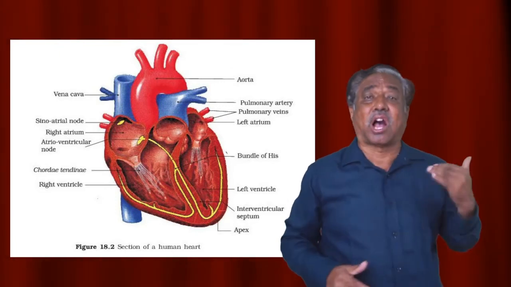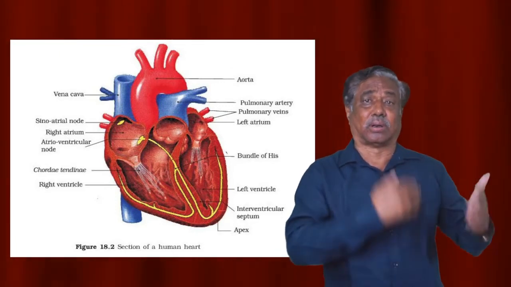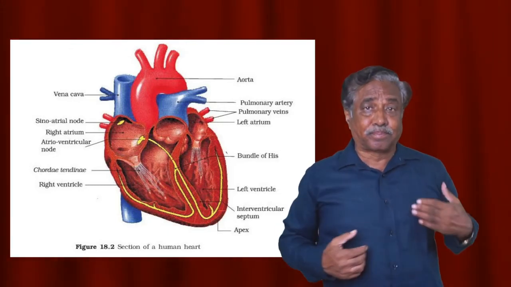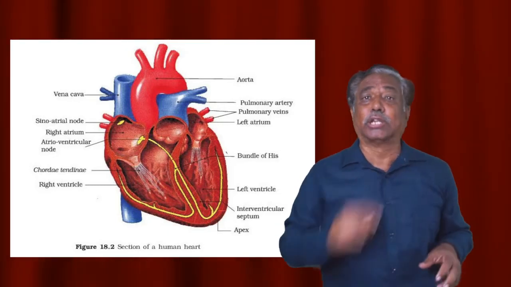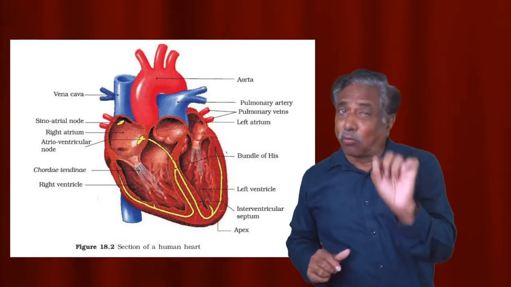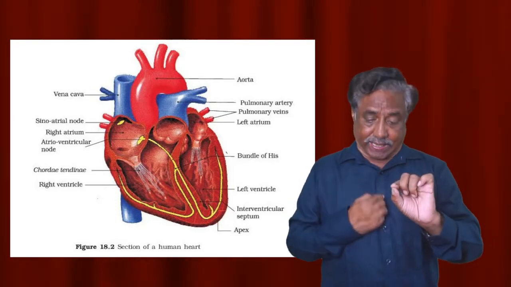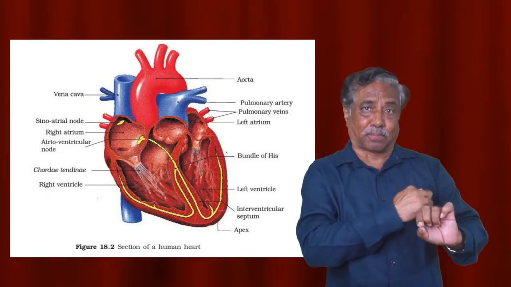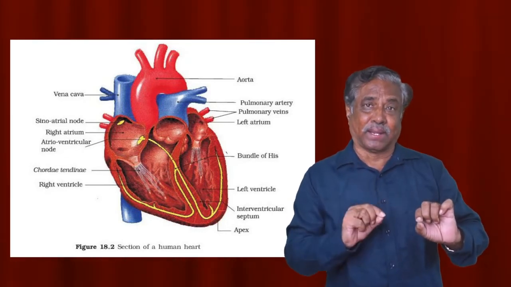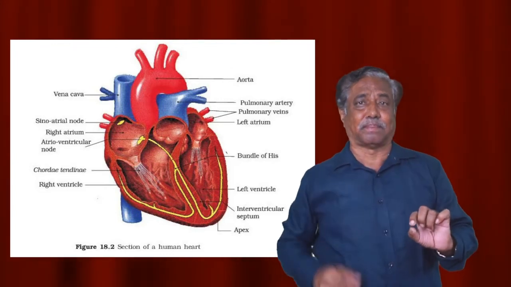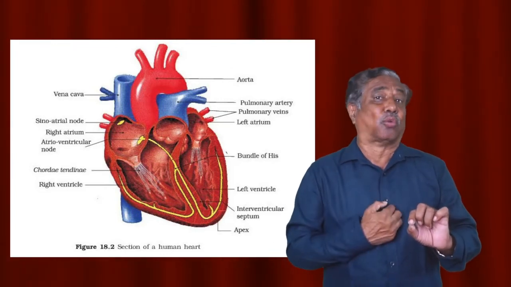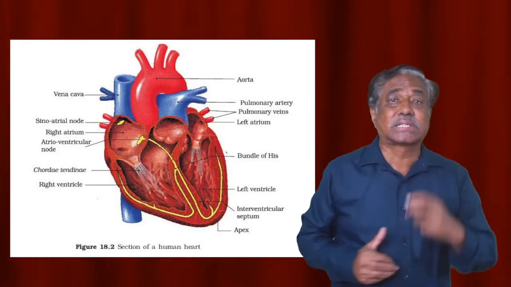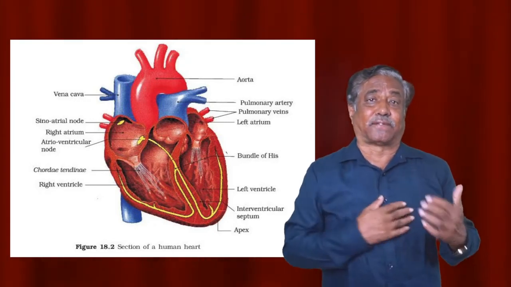At the same time, oxygenated blood after the exchange of gases comes to the left auricle through two pairs of pulmonary veins. The opening of the right pulmonary vein is not given in the textbook, and here only a pair of pulmonary veins is mentioned, but you have to remember this, it is very important. From the right lung, the opening of the right pulmonary veins is also very important. Hence the oxygenated blood flows to the left auricle.